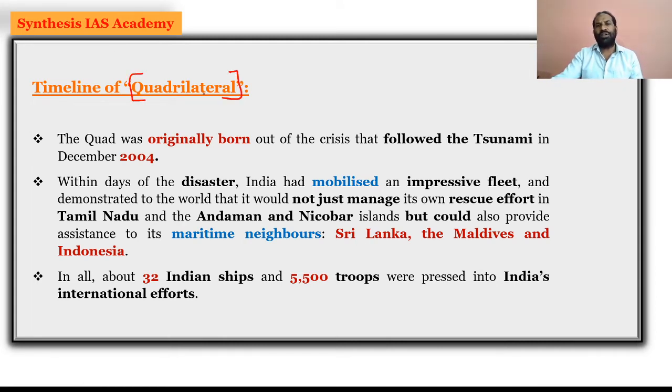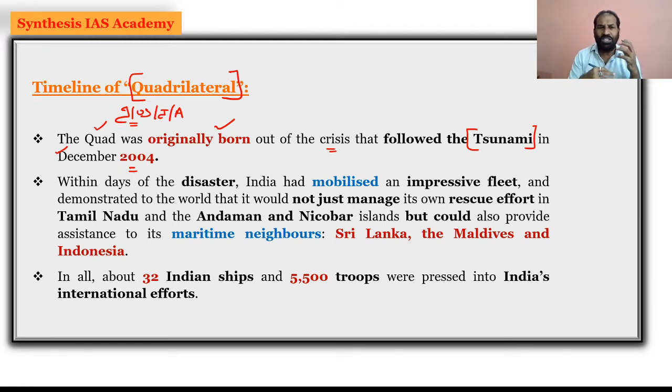When we are talking about the quadrilateral, that is the Quad, it is the four countries which are India, US, Japan and Australia. The concept of the Quad was originally born when there was a crisis, that is the tsunami which came in the year 2004.